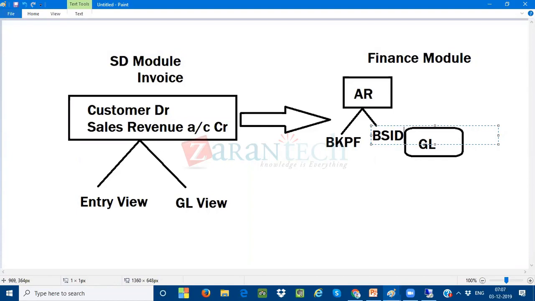BKPF and BSID, and at the same time the BSEC table is also getting updated. Why? Because it is an open item document, so these are called the secondary index tables.